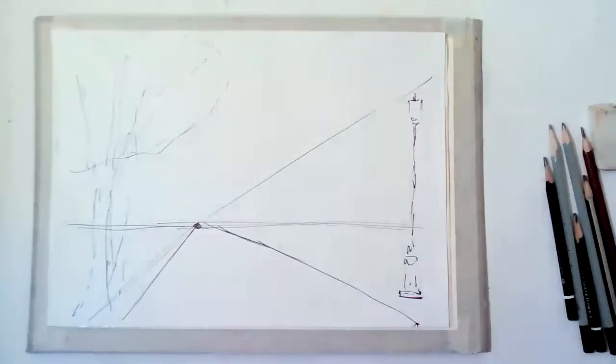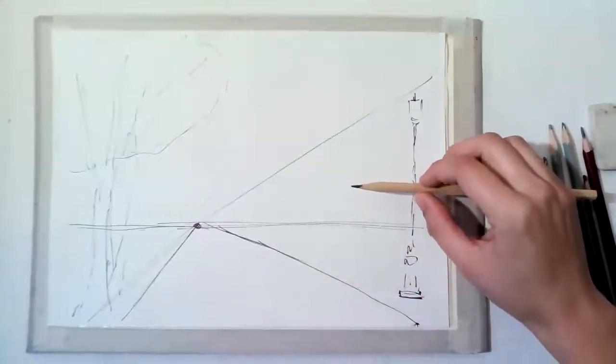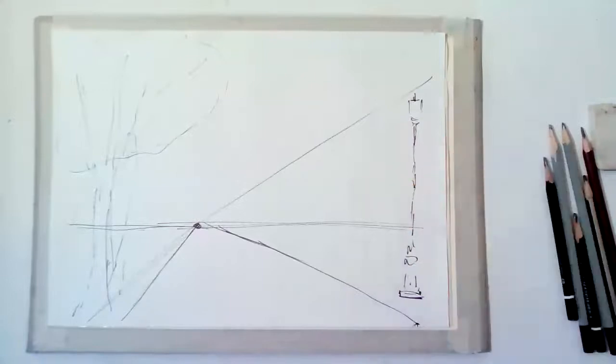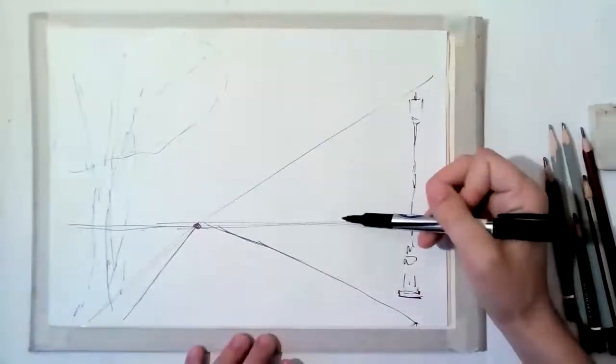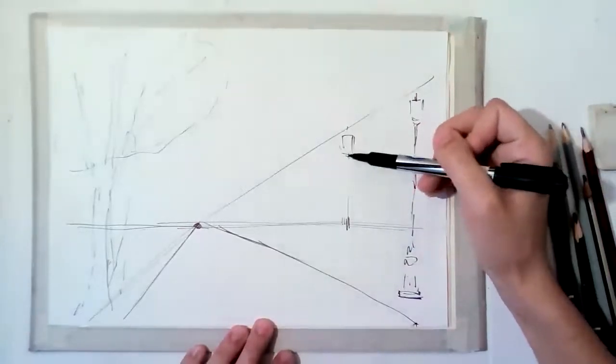We're drawing from a picture, but if you're sitting in the middle of the street trying to draw this view, you can also measure with your hand, with a pencil, and you will see that the distance between the first street lamp and the second equals almost double the distance for all the rest, like half, maybe a bit more, but still. So let's say my second street lamp will be here.